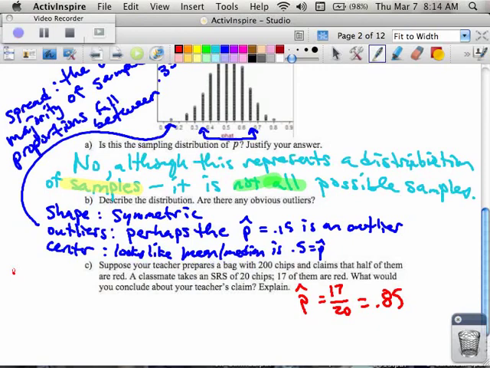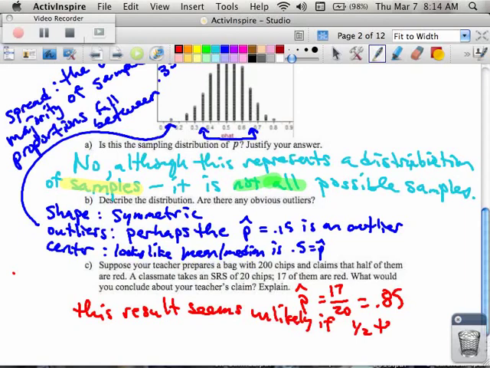And if we claim that we have half of them being red, this result seems unlikely if half the chips should be red. What did you say, Sam? Doesn't even appear in the graph.